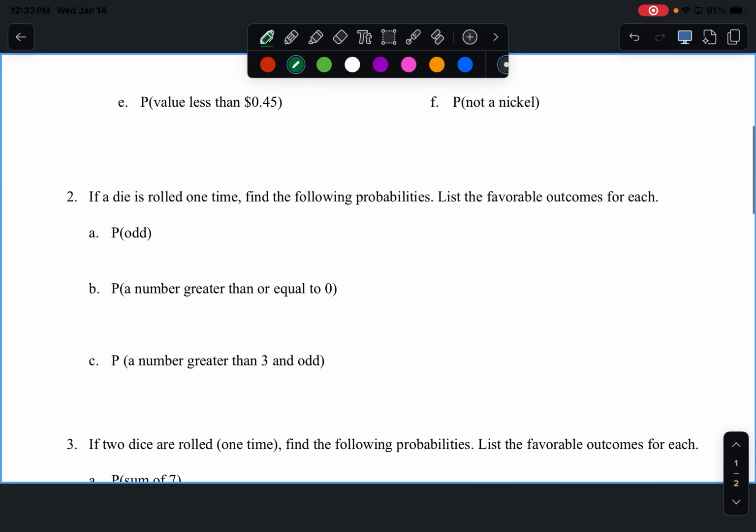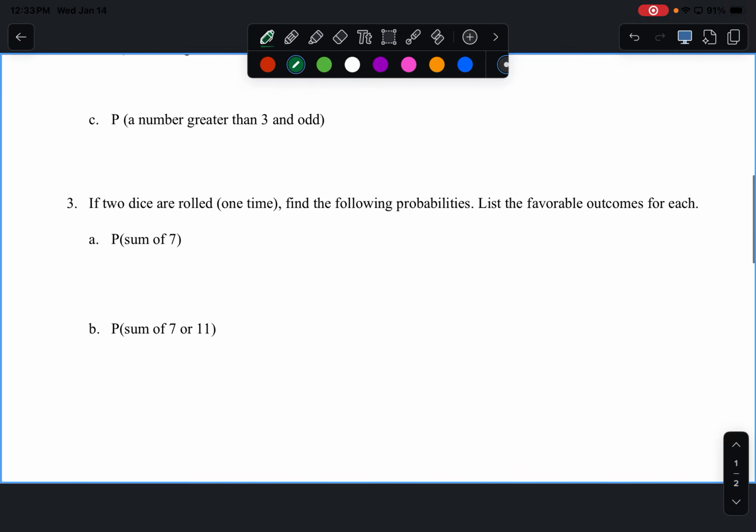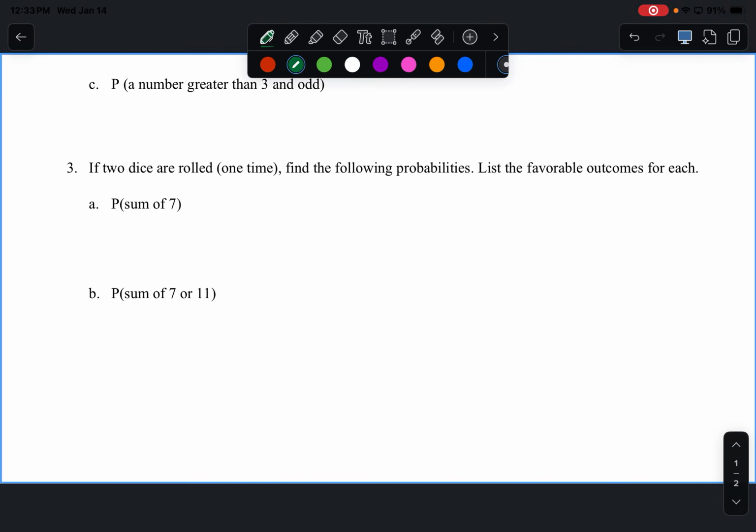Then this one here, if a die is rolled one time, so that is one dice. So what is our sample space for one dice? 1, 2, 3, 4, 5, 6. Okay. Then it asks us about if 2 dice are rolled. Okay. What is that sample space? That's that big whole one, right?